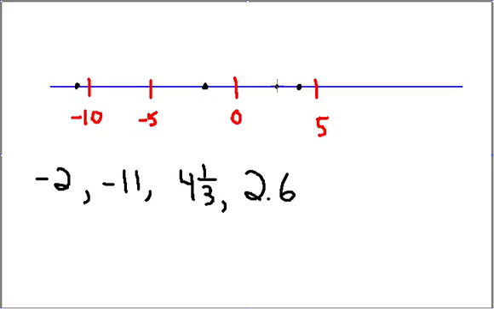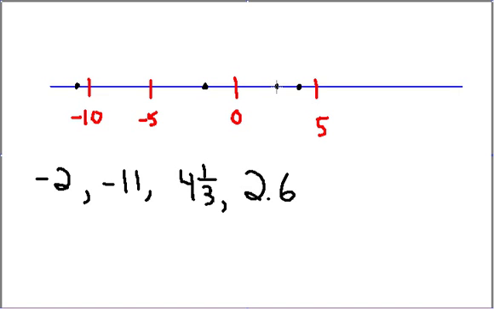So the question then is, which is bigger, -11 or 2.6? You should be able to answer this question just by looking at the graph. The reason why is one of the illustrations we had earlier was that if you have a number line going across the page horizontally, the further to the right a number is, the larger the number is. So -11 is over here at the far left, and 2.6 is over here.